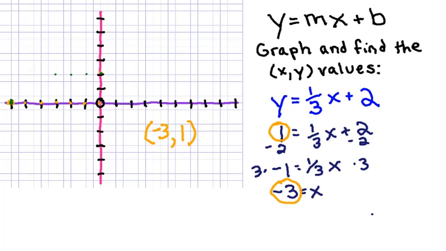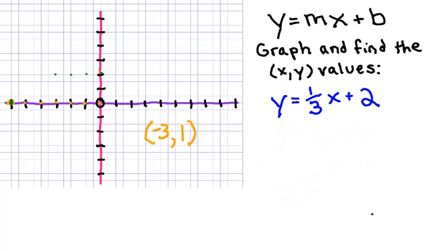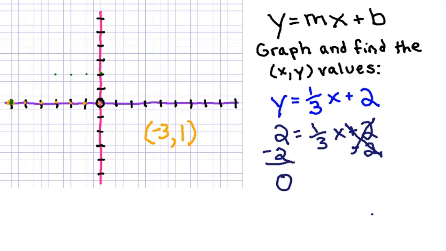Now let's go back and do it again. Now let's plug in 2 for the y. 2 equals 1/3 x plus 2. Well, first we have to subtract both sides by 2. So this +2 and -2 cancel each other out, and 2 minus 2 equals 0. So now we have 0 equals 1/3 x.